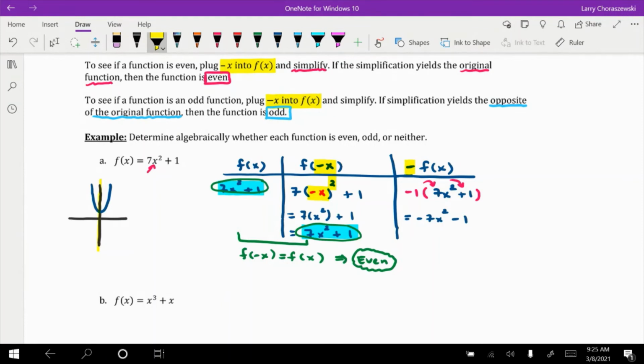And so because this graph would have y-axis symmetry, we would know that it's an even function. So we could actually verify our algebra here by looking at the graph on the graphing calculator. Okay, so I won't do all that, but I just kind of want to make a note of it that you do have a way of establishing your work using the graphing calculator. You guys have any questions about this example?